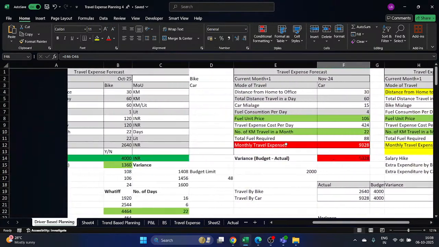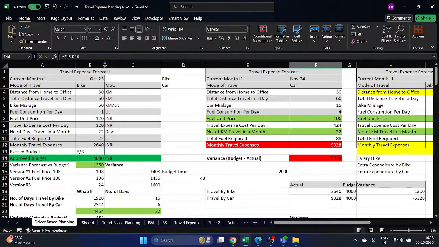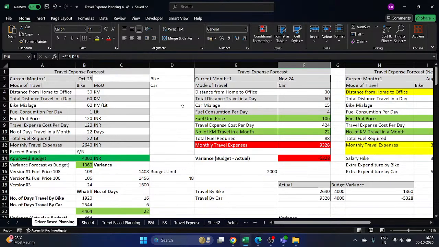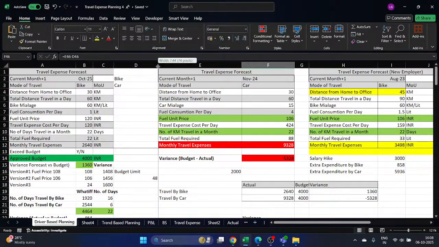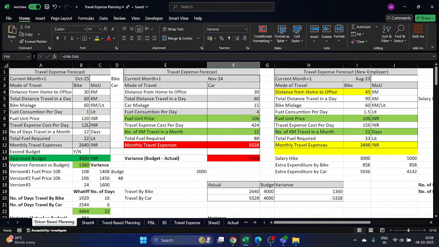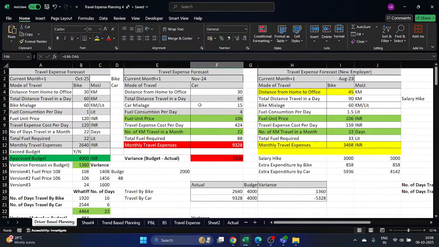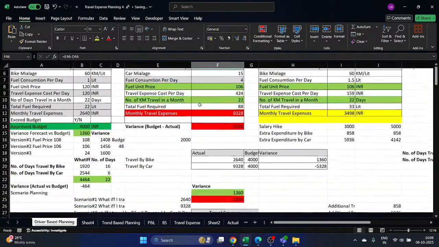Yes, we can see the sheet here. I'm just making sure that we can see everything clearly. Here you can see the travel expense forecast for bike and car.